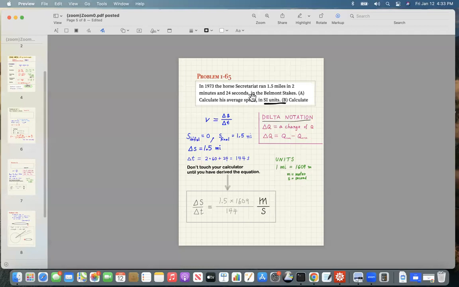So a human sprinter can run 100 meters in 10 seconds. So the velocity is 100 over 10 meters per second. So 10 meters per second. So Secretariat could run faster than a sprinter over this kind of distance.